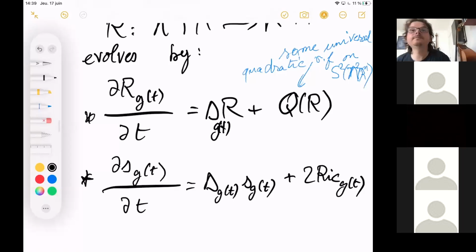And so all these geometric quantities tend to satisfy some kind of what are called reaction-diffusion PDEs, or systems of PDEs.